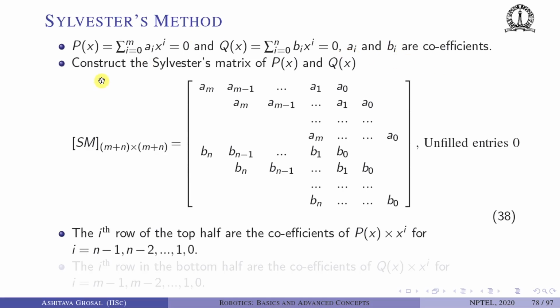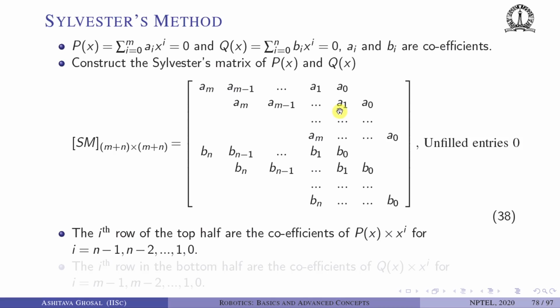We construct the Sylvester's matrix of p and q by basically starting with the original equation multiplied by x first, then multiplied by x square and so on, till you get some terms in the top half like this. And similarly you take the b equation q of x, b_n x to the power n and so on down to b_0, then you again multiply by x as many times as possible to eventually get a square matrix.